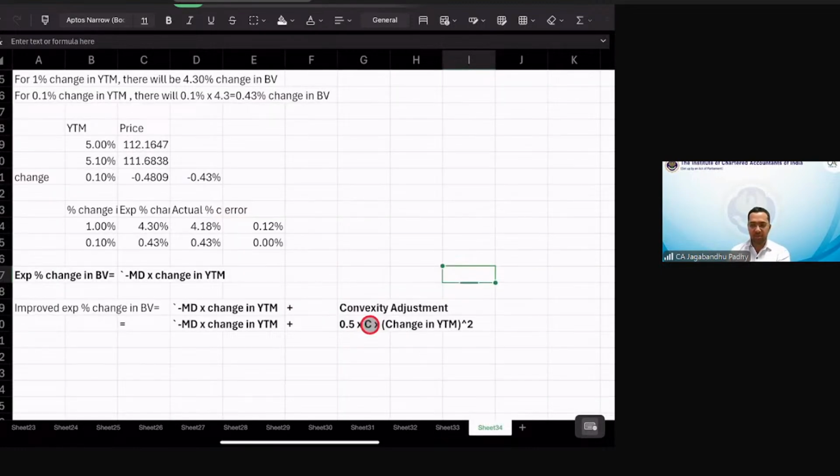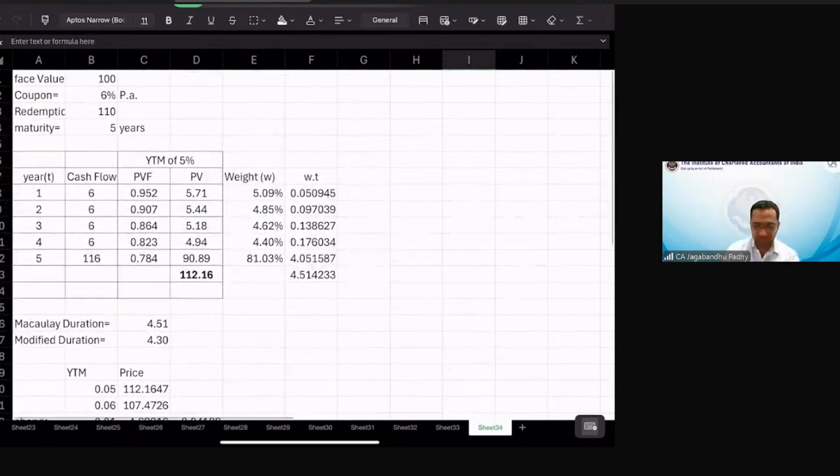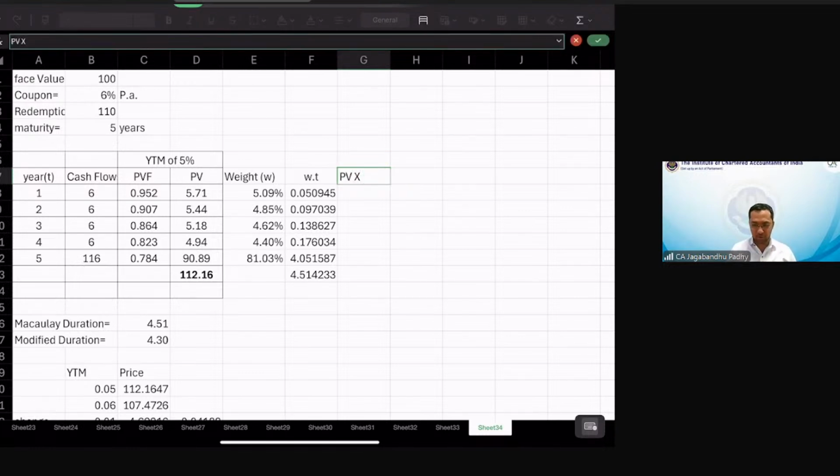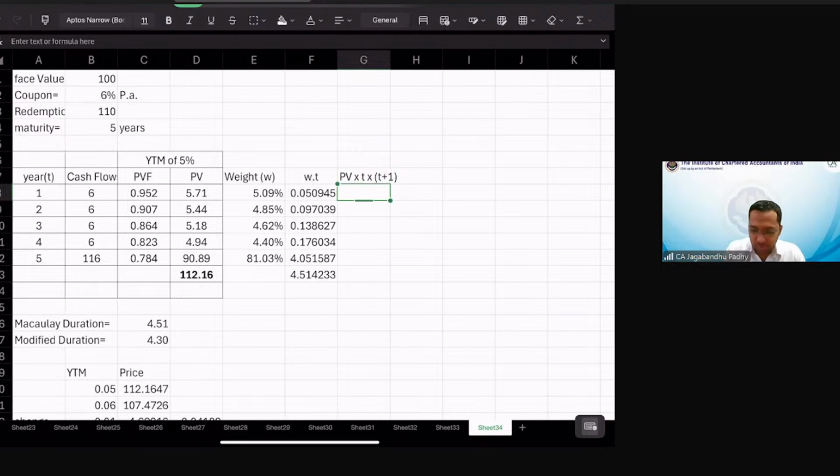Now the question is, sir, how do we calculate the convexity? Convexity can be simply calculated by extending this table. I can simply extend this table and get the convexity numbers. What I need to do is have a column called present value into t, the time period, multiplied by t plus 1. I'm sorry, guys.